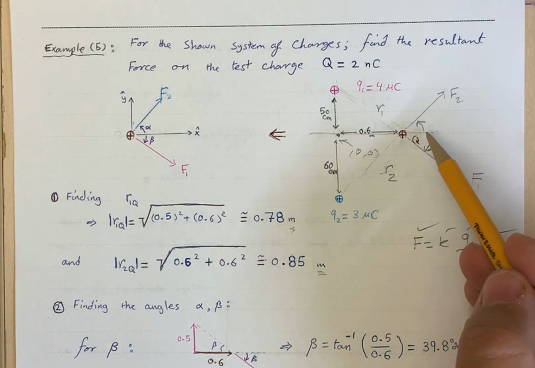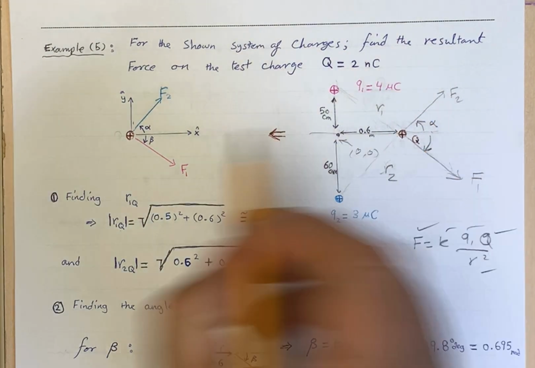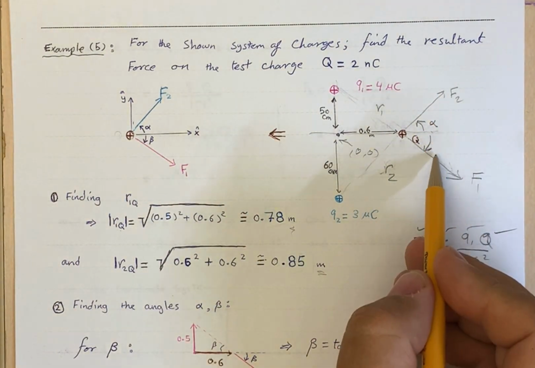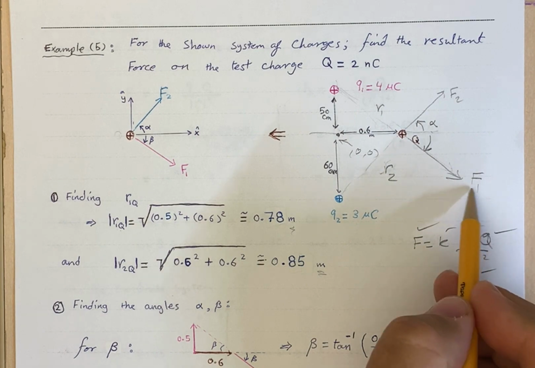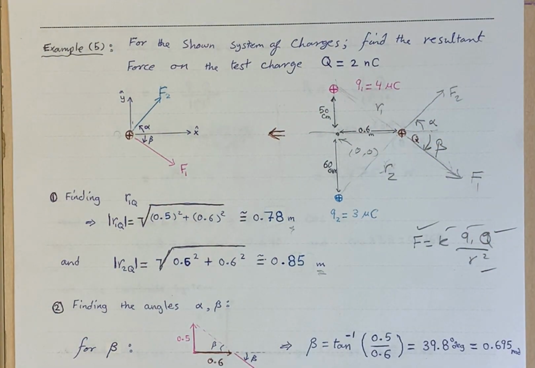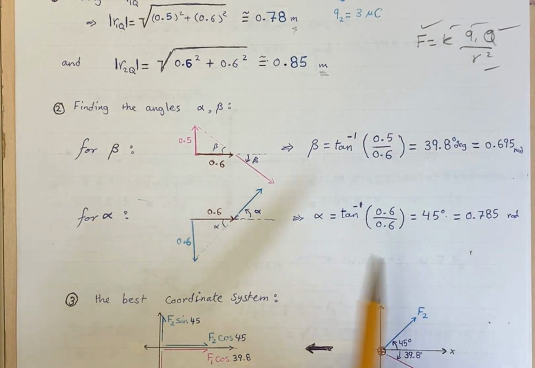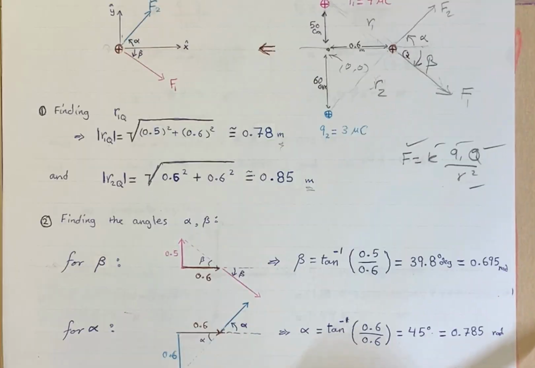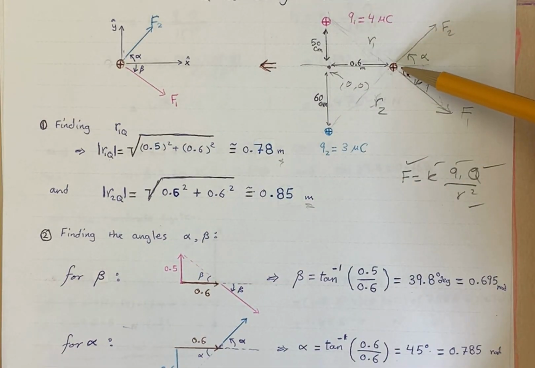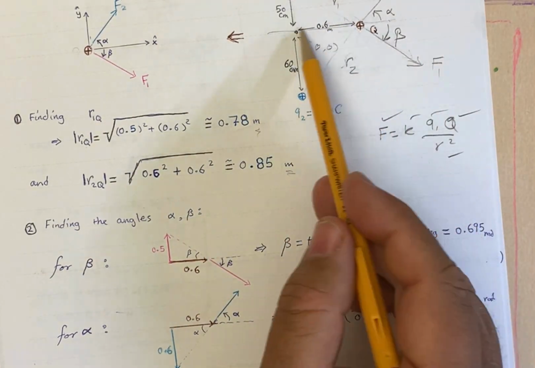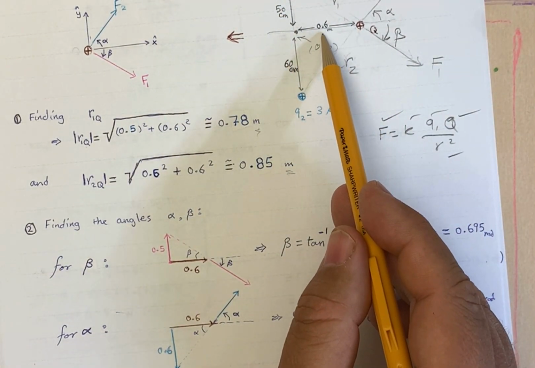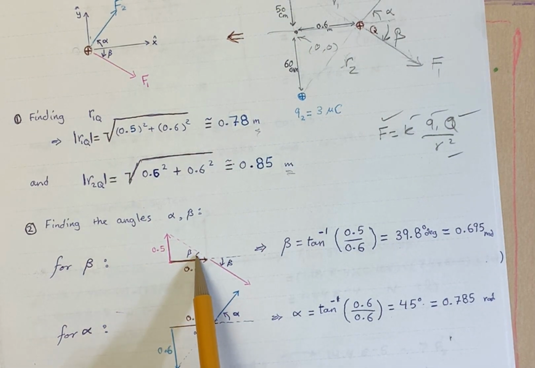So the angle of the second force, I consider it as alpha. The angle of the first force is beta. I can find the values of alpha and beta by using some trigonometry, which is tan inverse. Look here: from the first charge and the test charge, we have this right triangle, 50 centimeters, 60 centimeters, and we have this angle beta.